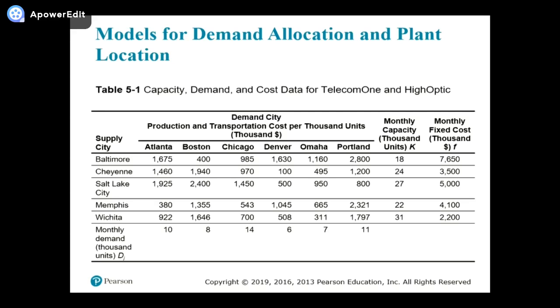And I will take attendance for in-class students. So, models for demand allocation, plant location. This is what happens in the last phase, where we determine the facility location and capacity allocation decisions in the finest detail.